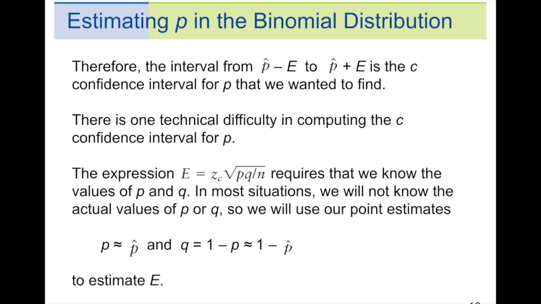There's one technical difficulty in computing the c confidence interval for p. The expression E equals z sub c times the square root of pq over n requires that we know the values of p and q.